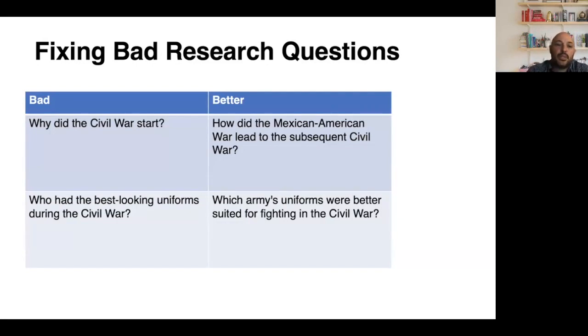Who had the best looking uniform during the Civil War? Which army's uniform was better suited for fighting in the Civil War? So this is another transformation, from what was the best uniform to which army's uniform was better suited for fighting in the Civil War.